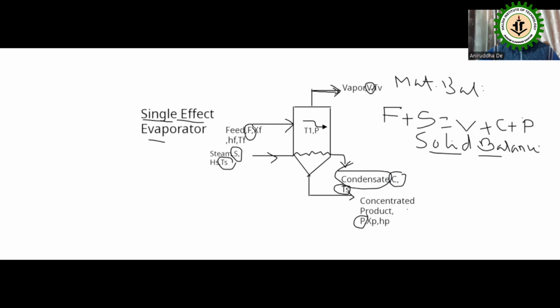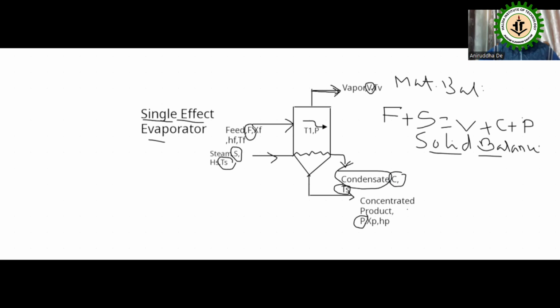Solid material is present in the feed and in the product. There is no solid material present in the steam or the condensate, because steam means pure vapor and condensate means hot water, so they do not contain any solid material.